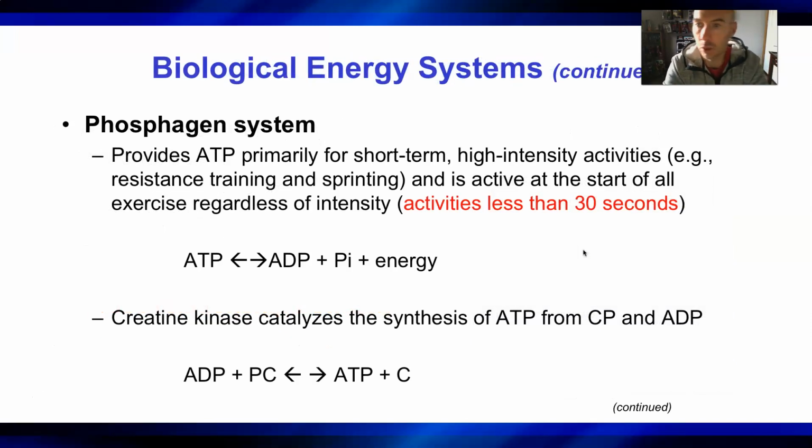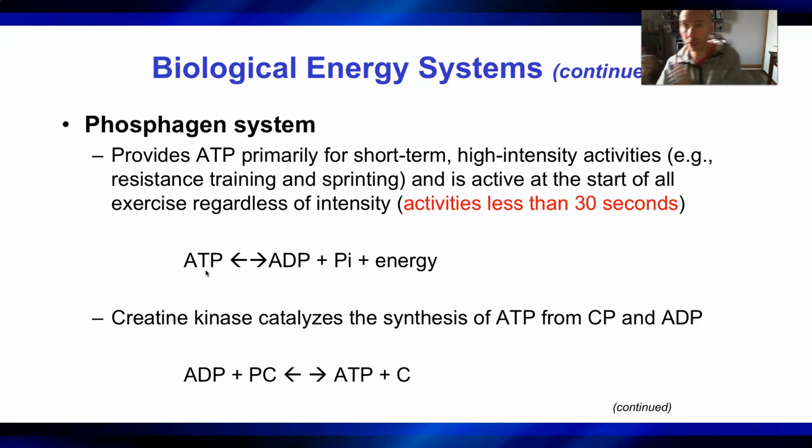So we're just going to quickly review the phosphagen system, just to remind you of what the energy systems look like. The phosphagen system incorporates both the small amount of ATP that we have stored, which would be the first thing that we use, okay?